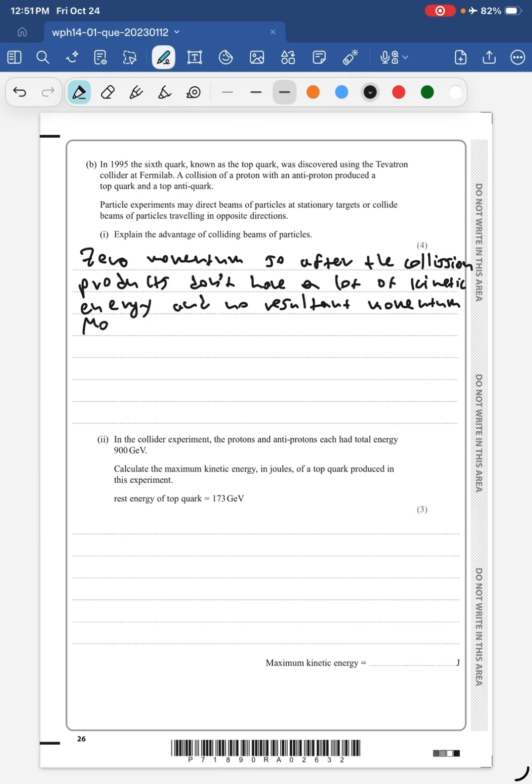Most energy is used to create particles.